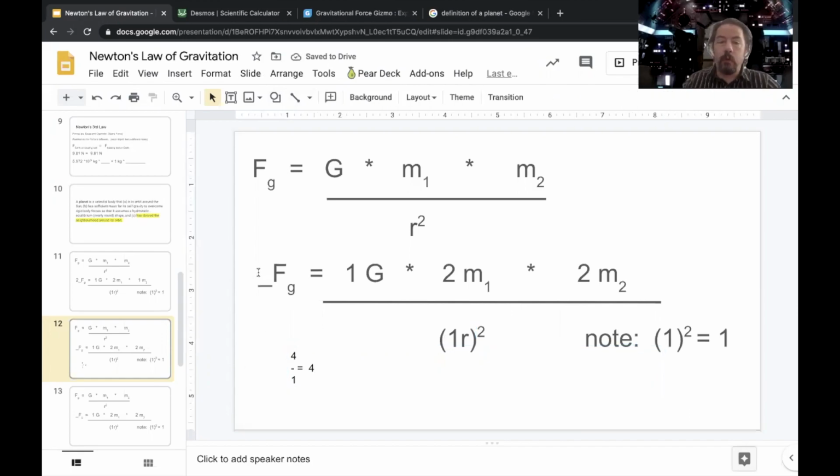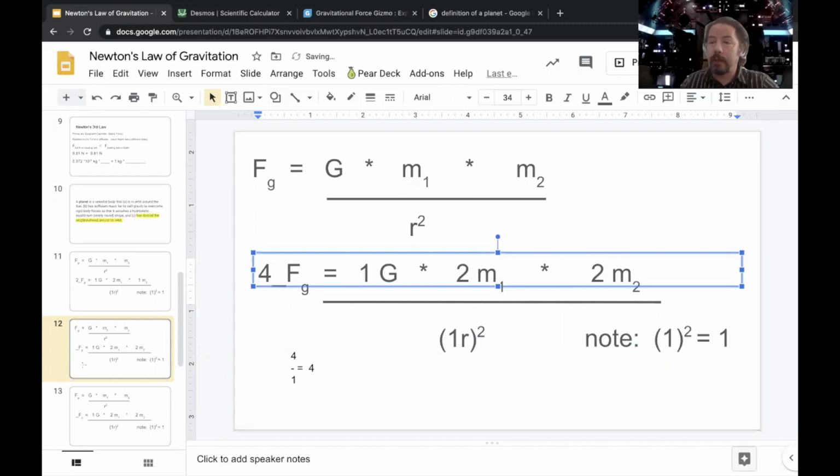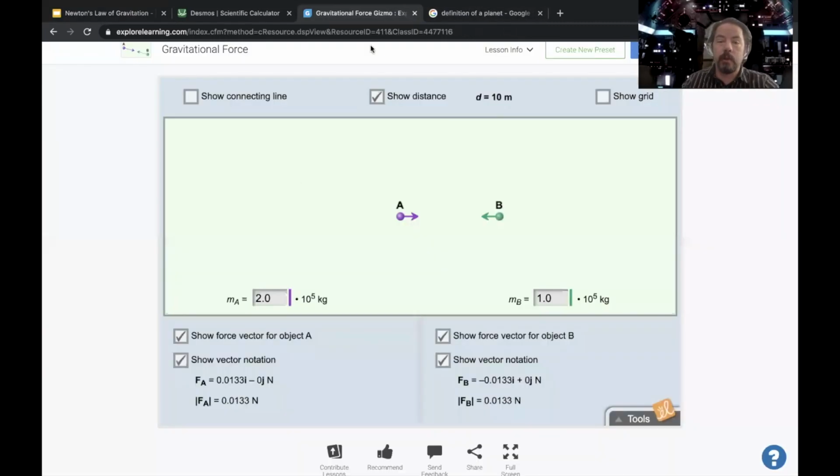Okay, so our force should multiply times a factor of 4 from what it was originally. So let's go to the gizmo and check it. I multiply that one times 2, I multiply that one times 2, and our force is now 0.0267. So originally we had 0.0067, multiply it times a factor of 4, 0.0268.